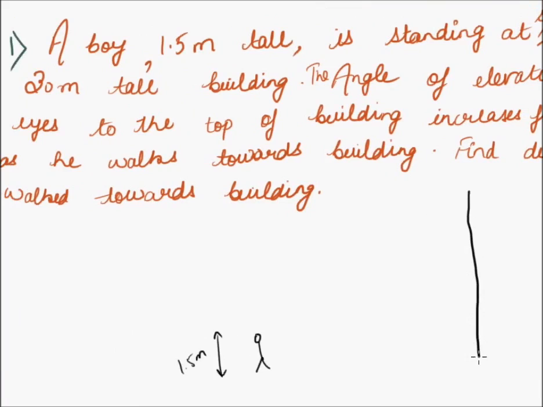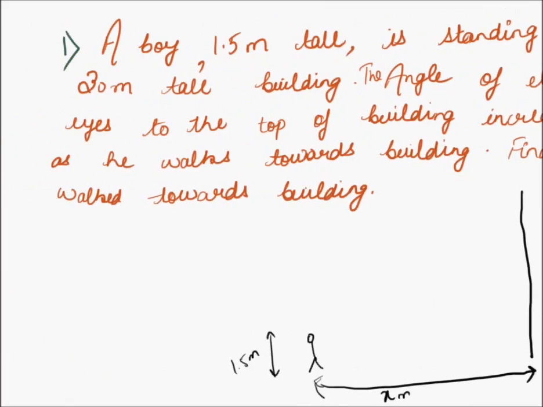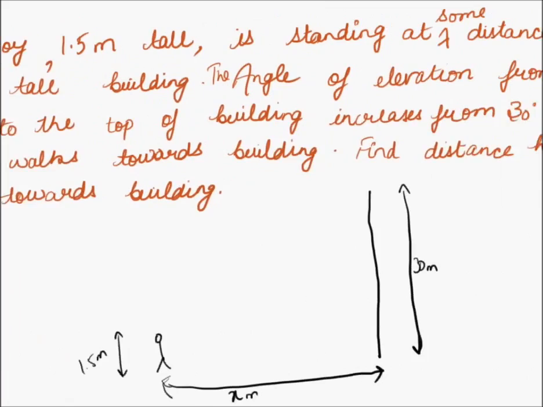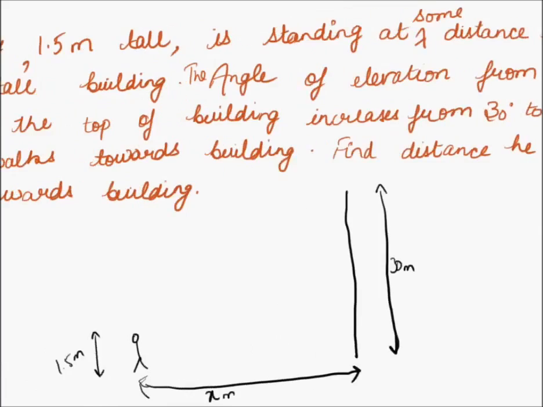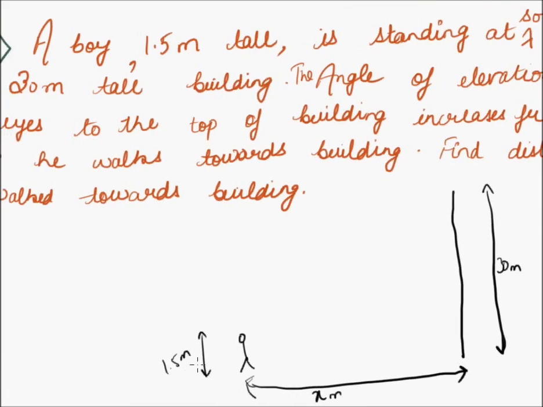We have a building which is 30 meter tall, and this boy is standing at some distance, say x meters from this tall building. The angle of elevation from his eyes to the top of the building increases from 30 degree to 60 degree as he walks towards the building.